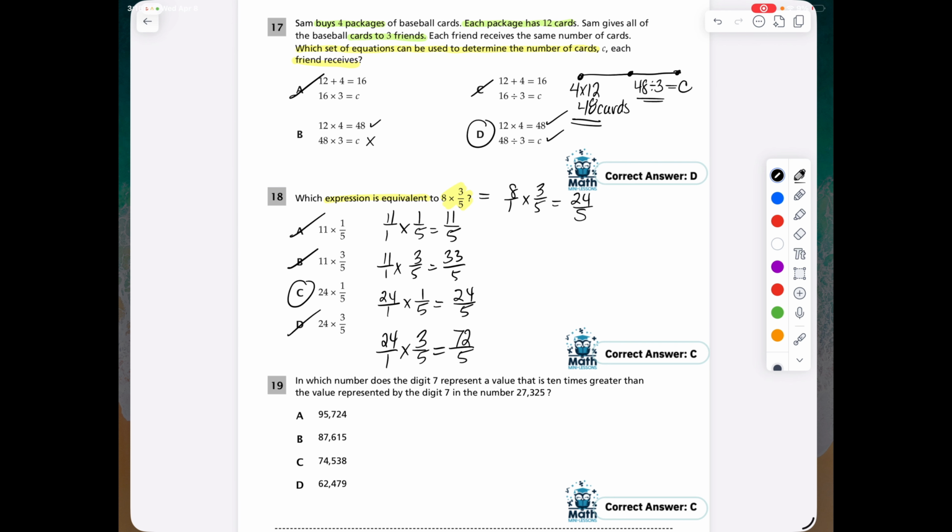Now, I have also seen in a lot of these types of problems some people just rewrite this by taking these 2 numbers up here and going, well, this is the same as 24 times the unit fraction 1 over 5. And that's okay too. It doesn't always work.